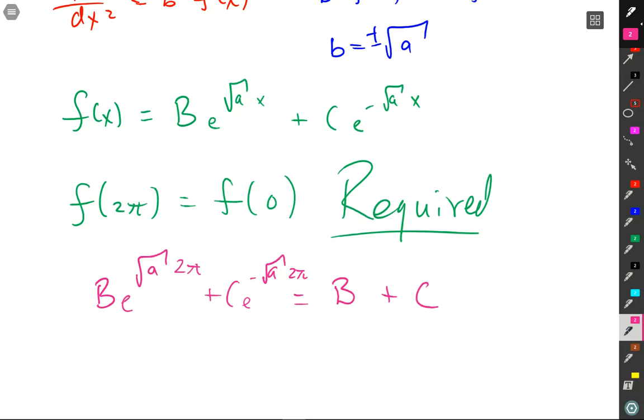A has to be 0. Okay, if a is 0, it does work out, but then we got nothing. It works out if a is a negative value.